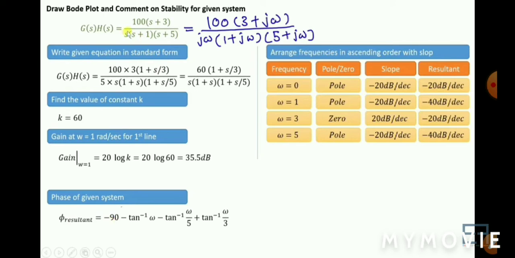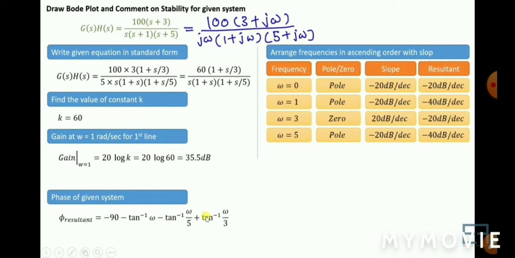Now we will write the phase angle formula using this transfer function. For the numerator s plus 3, we write plus tan inverse of omega by 3. For s, meaning j omega, tan inverse of imaginary by real gives minus 90.